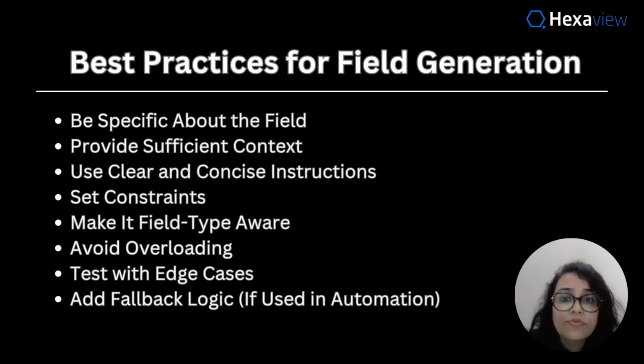Make sure your prompt is field type aware, whether it's a text, date, or picklist, and avoid overloading it with too much information. Always test with edge cases to ensure reliability, and if you're using it in automation, add fallback logic to handle unexpected results. These steps help ensure your prompts are accurate, efficient, and safe to use in production.